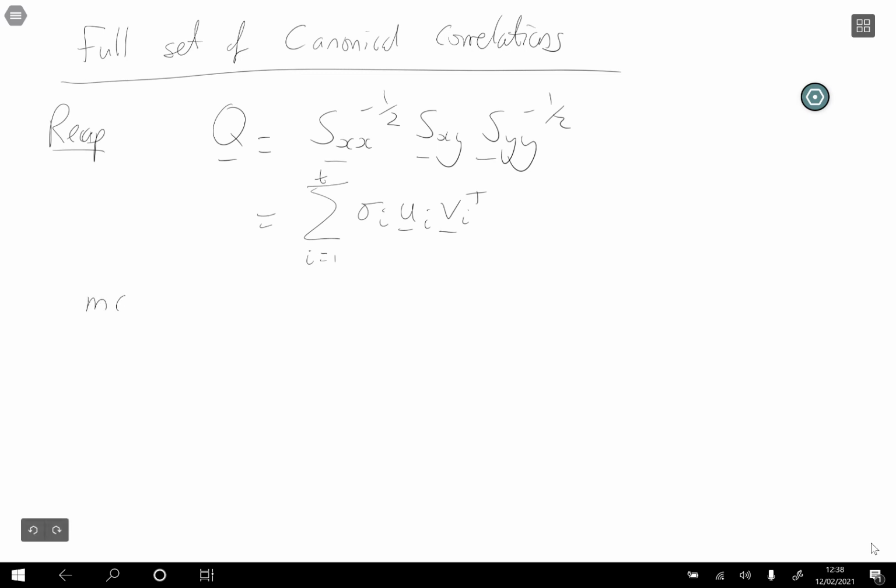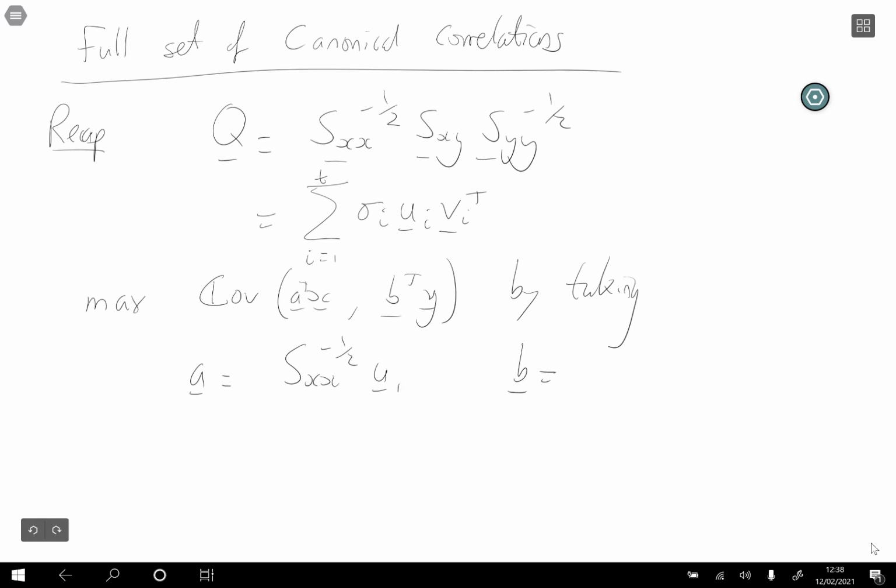then we found that we maximize the covariance between A transposed X and B transposed Y by taking A equal to SXX inverse square root times U1 and B equal to SYY inverse square root V1.